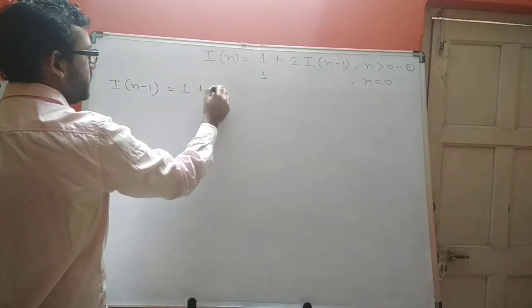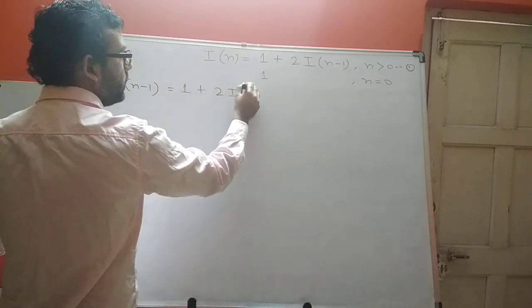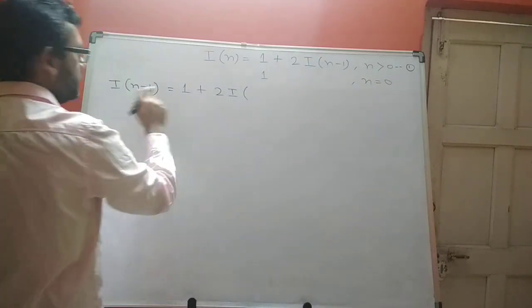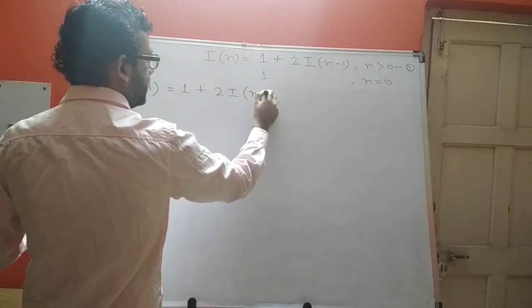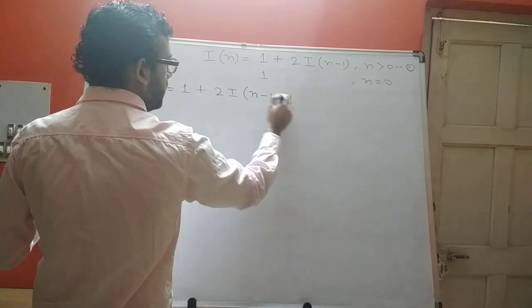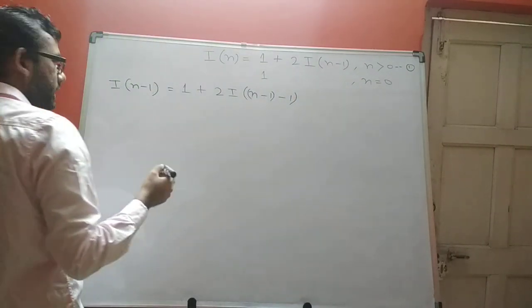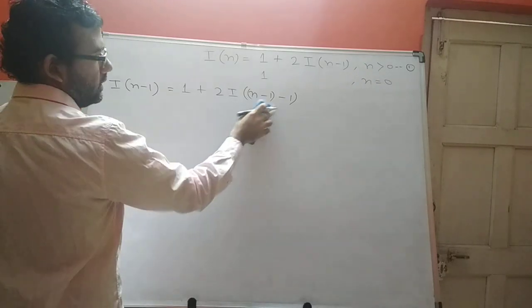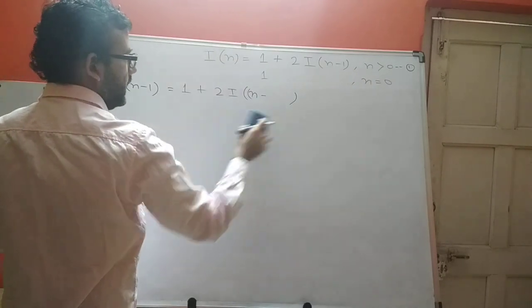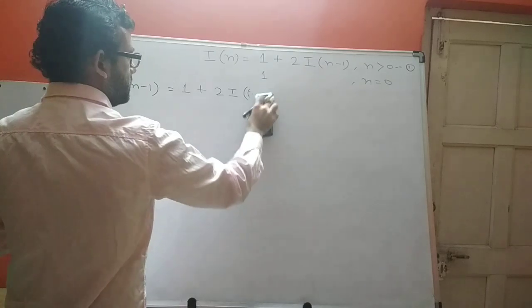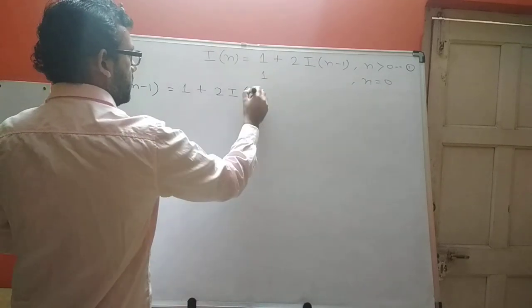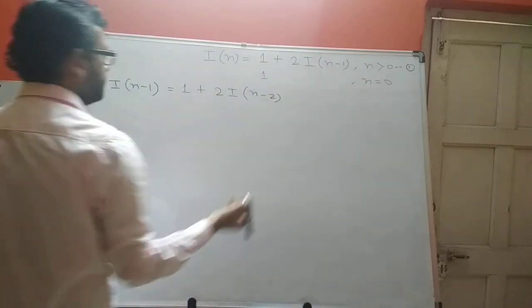I'll get 1 plus 2 into I of, in place of n, if I substitute n minus 1, I'll get n minus 1 minus 1, right? So I can directly write this as I of n minus 2, right?